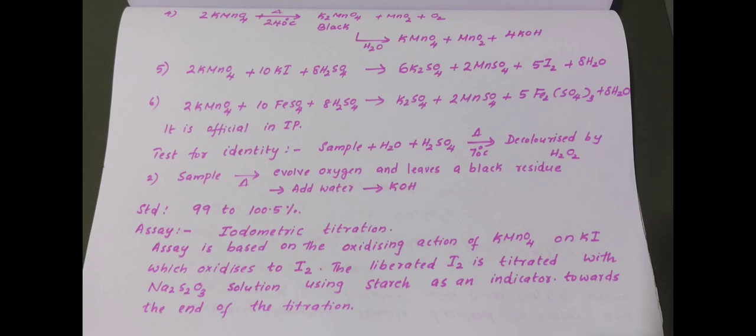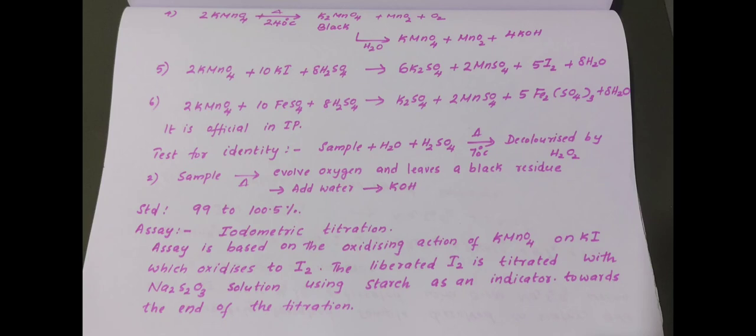Then second one, when the sample is heated, it evolves oxygen and leaves a black residue, and on adding water, we get potassium hydroxide. Then the standard: it contains not less than 99% and not more than 100.5% of potassium permanganate.